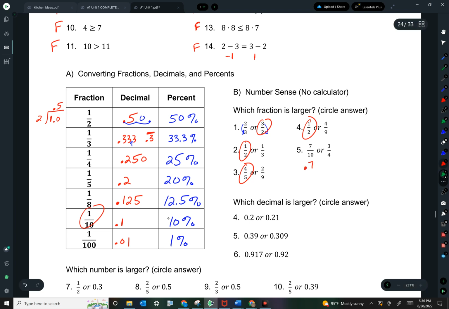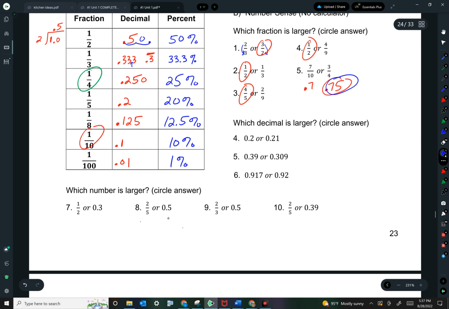Look at the 3/4. Well, if 1/4 is 0.25, then 3 of those would be 0.75, right? Because 3/4 would be 75 cents. So now it's pretty easy to tell which one is larger. Well, 0.75 is definitely larger than the 0.7.